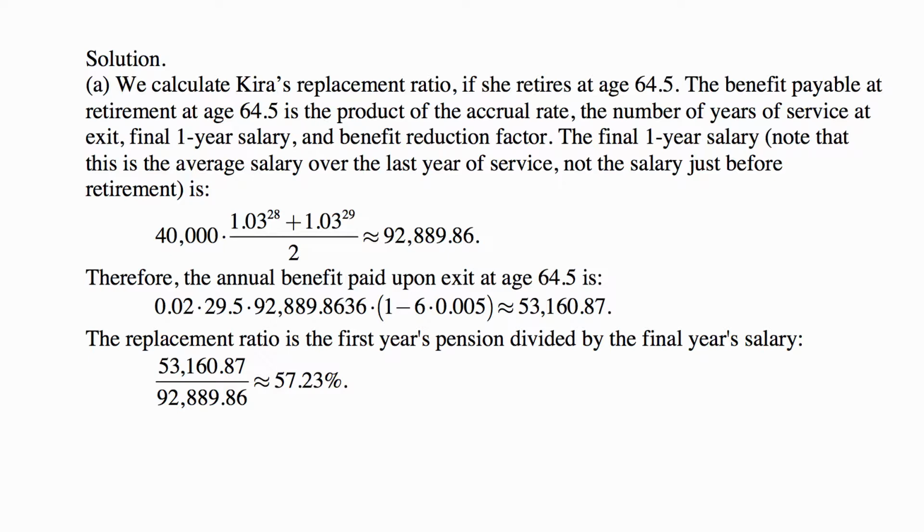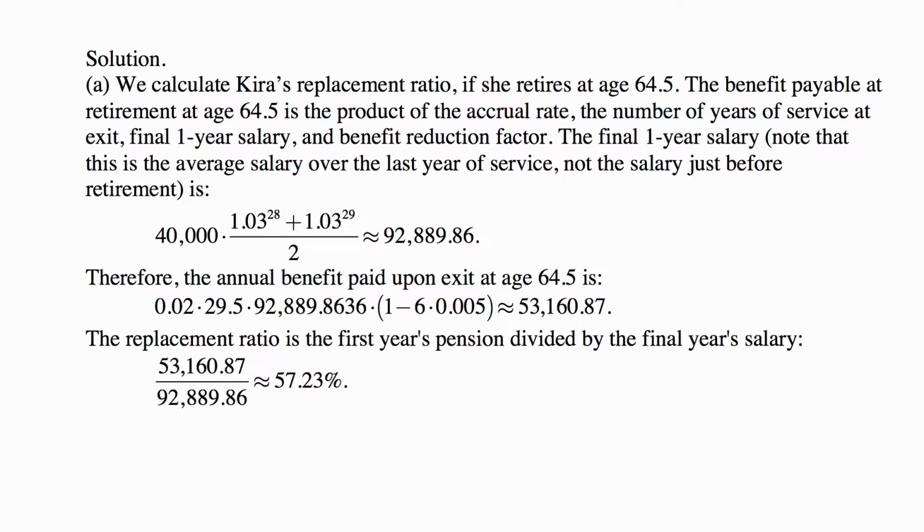So it's half a year from the previous year because she gets raises at birthday, and then half a year with the higher salary from last year. She retires in the middle of the year. So it's 40,000 times 1.03 to the 28th, really plus 40,000 times 1.03 to the 29th divided by 2, the average of the two salaries. And that's 92,889.86.